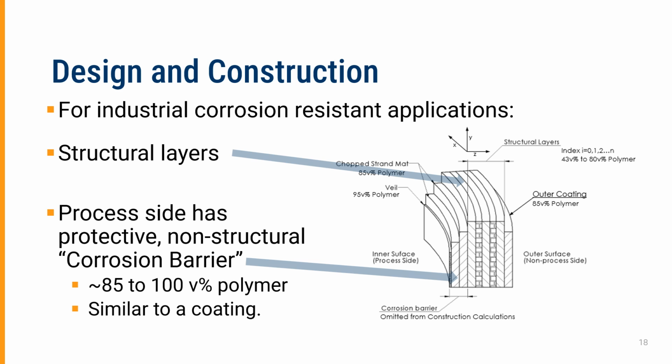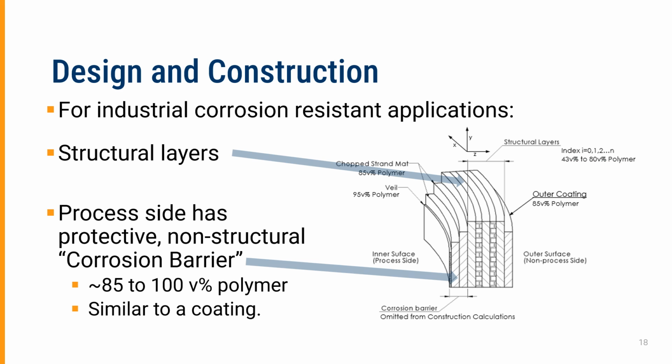The corrosion barrier for many codes and standards is omitted from construction calculations. Okay? Now, the corrosion barrier has 85% to 100% by volume polymer. It's very similar to a coating. The structural layers will have from 43% to 80% polymer.